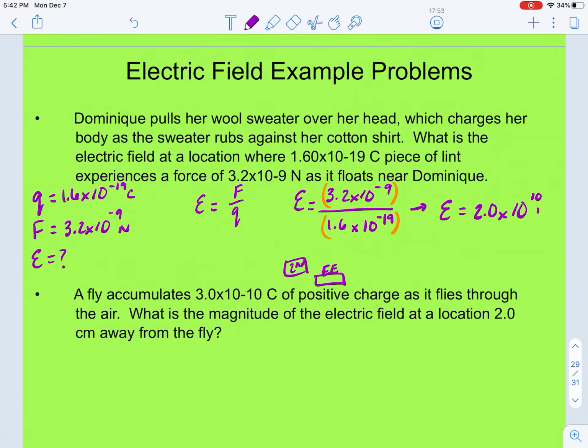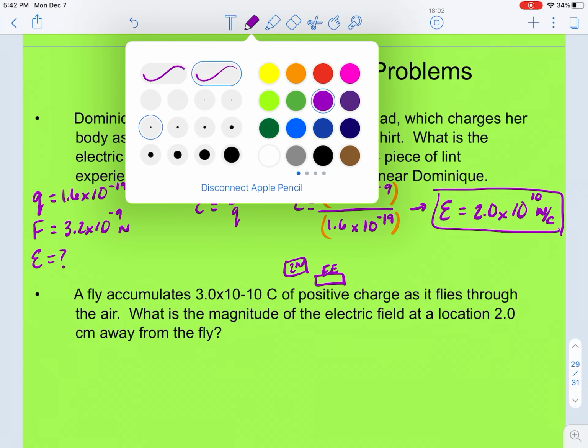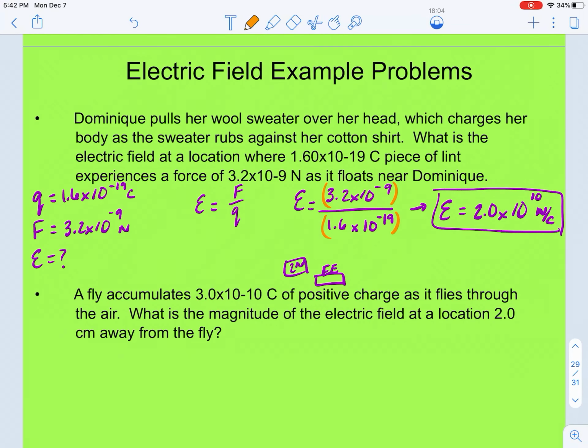Otherwise, the calculator does not understand what you are asking it to calculate. All right, so this comes out to a perfect 2.0 times 10 to the 10th newtons per coulomb.